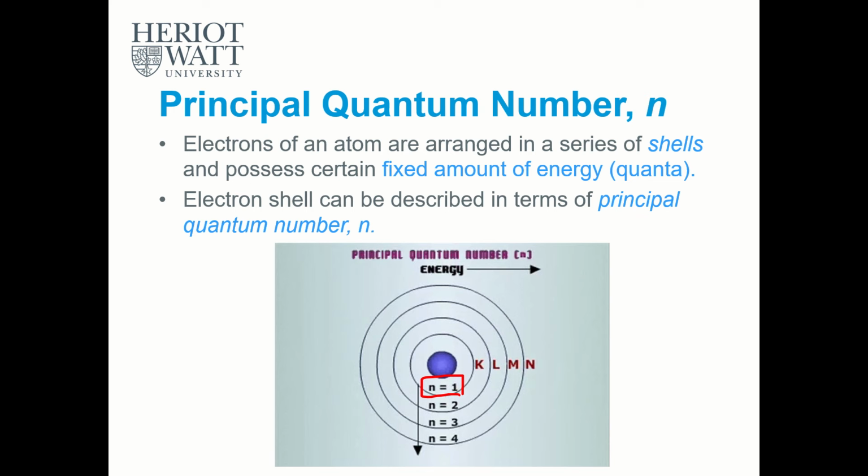So n equals 1, and then n equals 2 should be higher in energy, then n equals 3 followed by n equals 4. Of course we have further n equals 5, 6, 7, 8. So this is what we call a principal quantum number that defines the energy value of an electron shell, or the energy value of an electron in a particular shell.